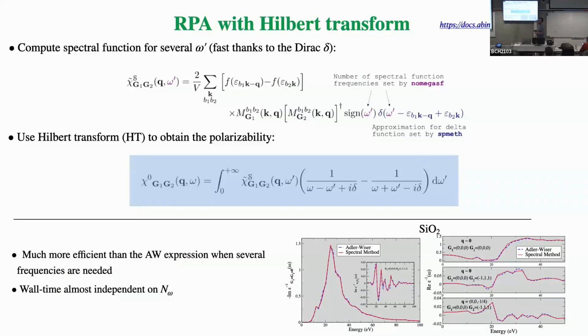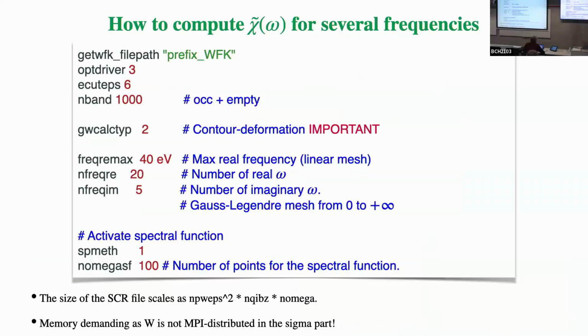This is what I would recommend if you want to go beyond the plasmon pole. In the plasmon pole, one frequency or two frequencies are enough to compute the self-energy. If you want to evaluate the convolution numerically, you have to compute the polarizability for several frequencies, and in this case, I would suggest to use the Hilbert transform method. This is an example, but you will find a similar input file also in the tutorial.